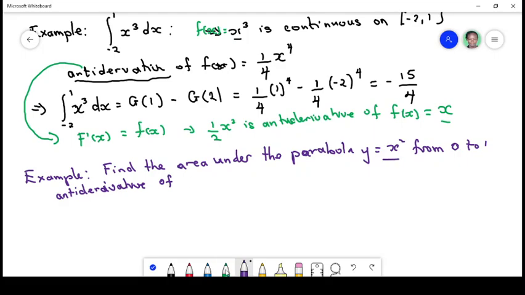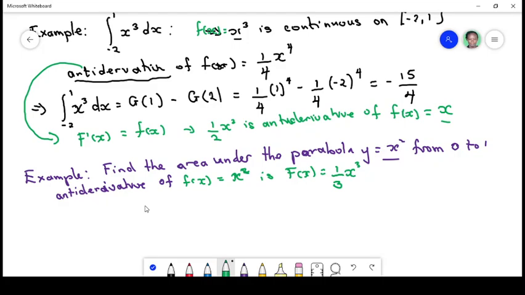The function is f of x, it's equal to x squared. So the antiderivative is going to be F of x, which is going to be 1 over 3 x cubed.